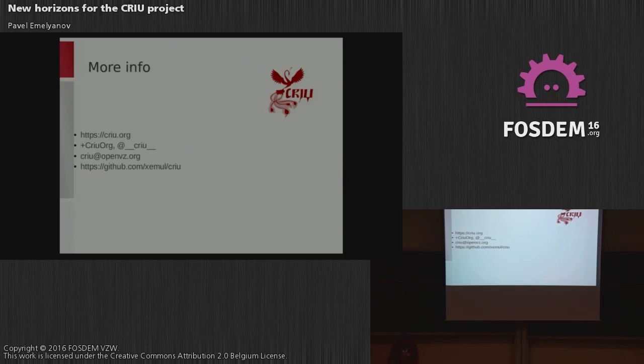So the main part is over. If you want to find out more about CRIU, CRIU is an open project from day zero. It sits on the CRIU.org website. It contains all the docs, plans, and news. We have a Google+ page and Twitter account where we publish news and thoughts on the project.